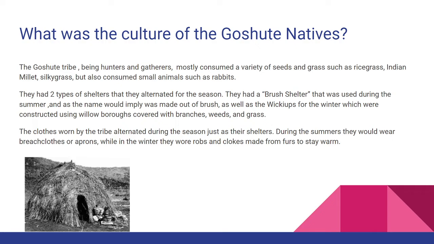So what was the culture of the Goshute natives? Well, the Goshute tribes were mainly hunters and gatherers, and they consumed a variety of seeds and small animals, such as rabbits. They had two types of shelters, one for the winter and one for the summer, and they would alternate between these, and the winter ones would be more permanent than the others.